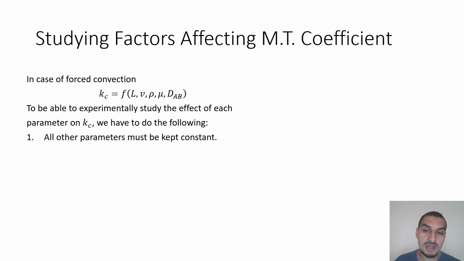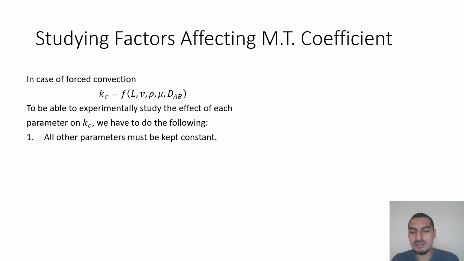I am going to keep everything constant: the velocity, density, viscosity, diffusion coefficient, and change L so that the change in the mass transfer coefficient is only due to the change in L. So this is simple logic.